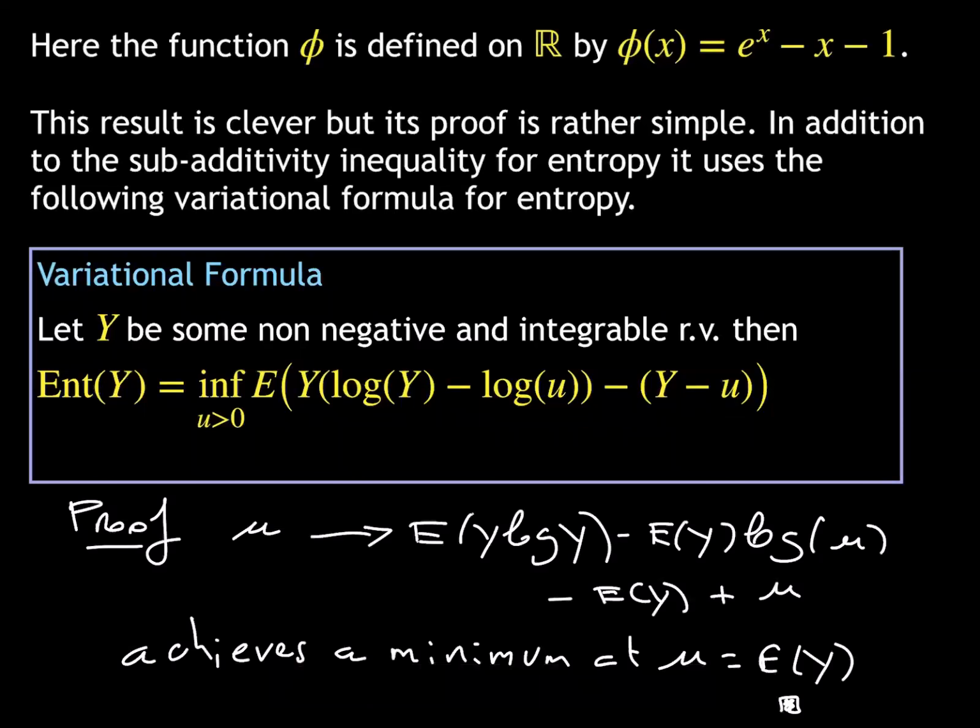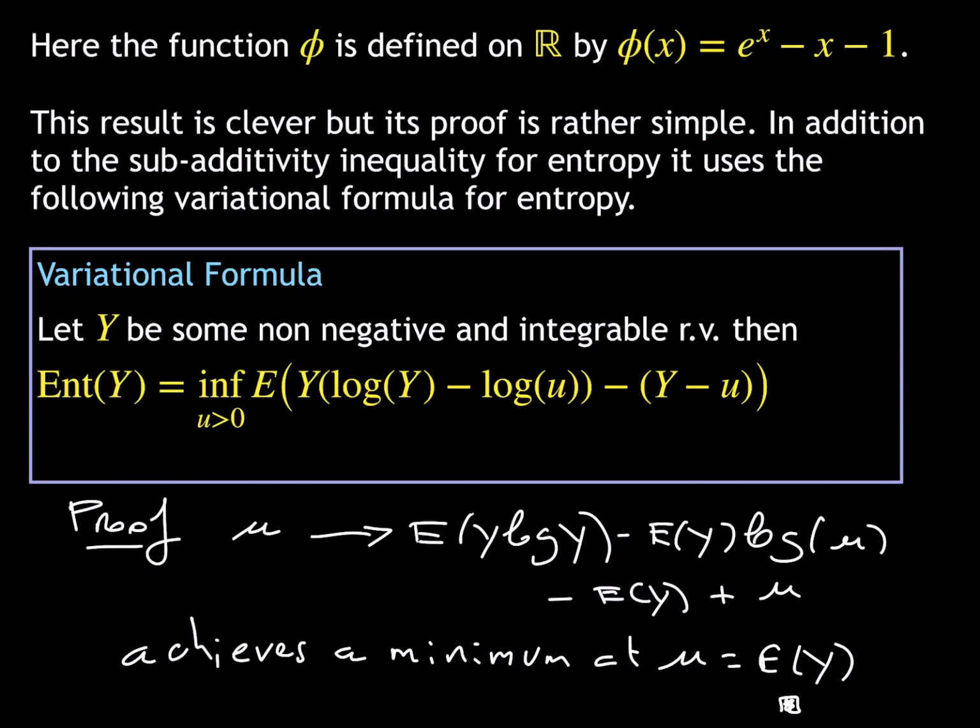And you see that this function achieves a minimum at the point u equals the expectation of y, and at this point, you exactly recover the formula which defines the entropy. And the reason why this function has a minimum at this point is that when you differentiate this quantity, you make minus expectation of y over u appear, plus 1.